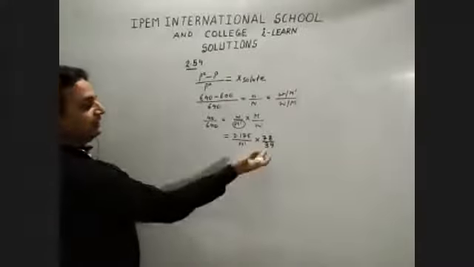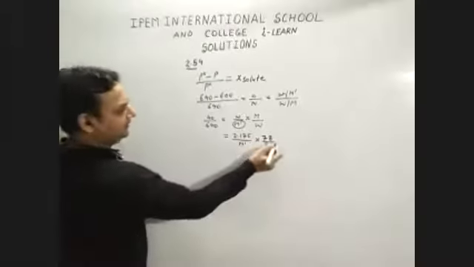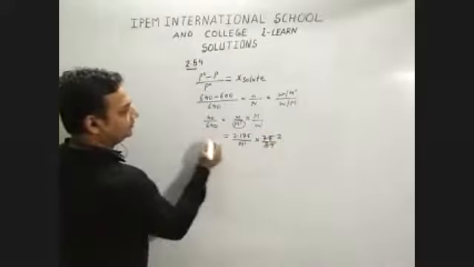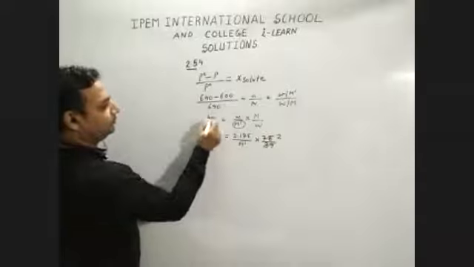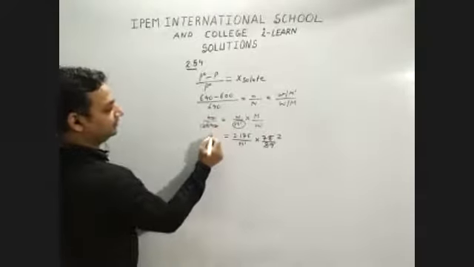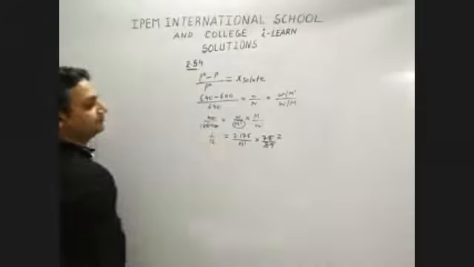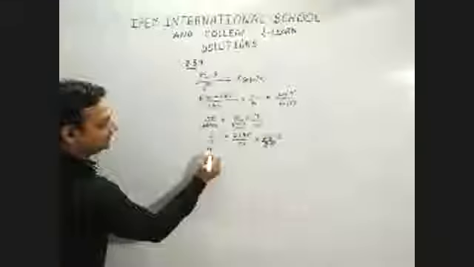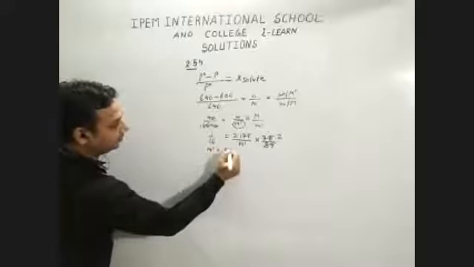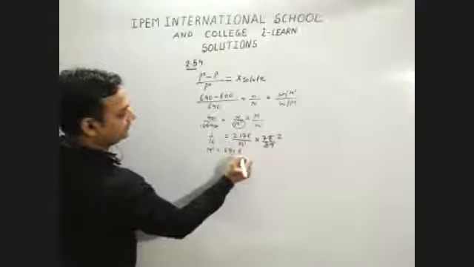So everything becomes easy. 39 1, 39 2. This will become 1 by 16. M dash will become 69.6. Molar mass is in gram per mole.